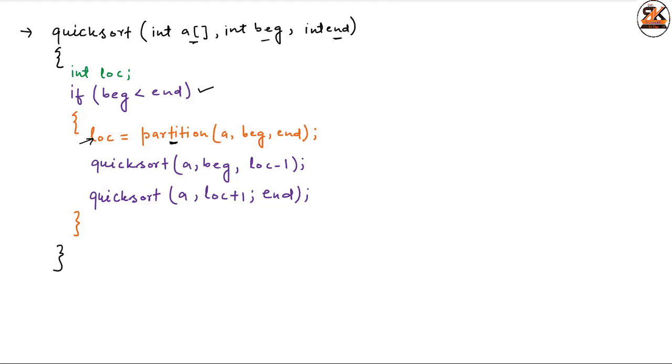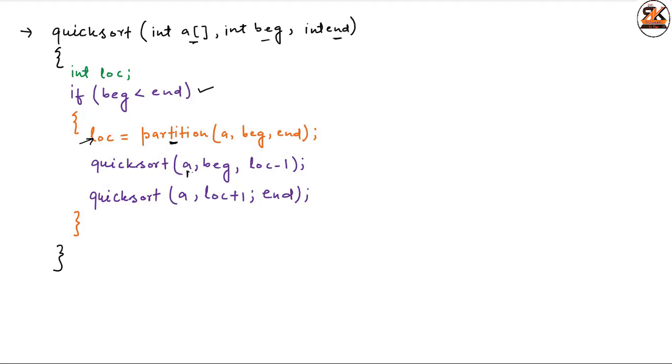That will go to the location variable. That value is basically the position of the pivot element after placing the pivot element at its appropriate place. In our previous case we got the value as 3.